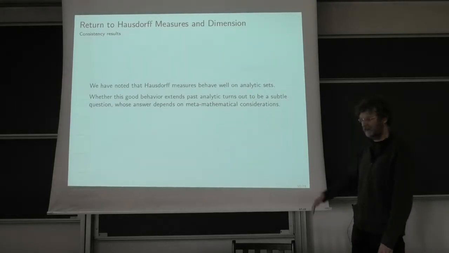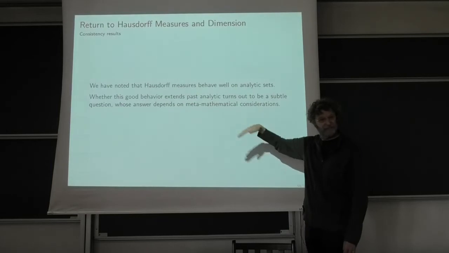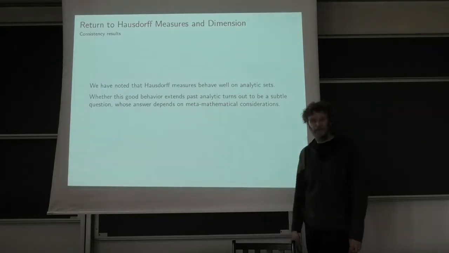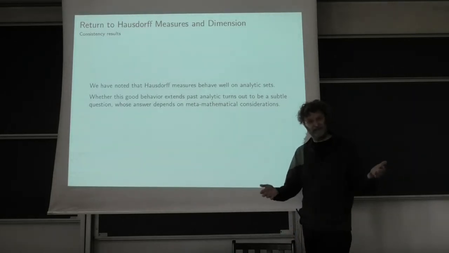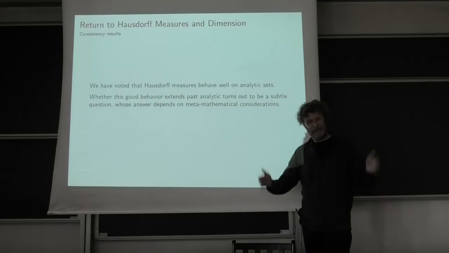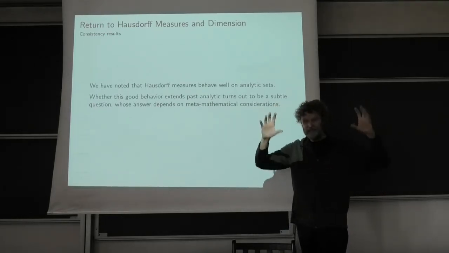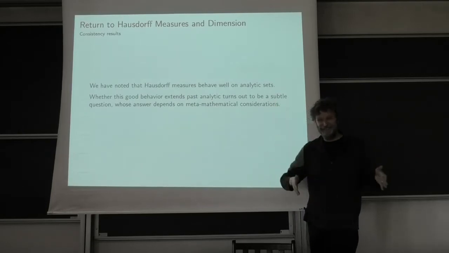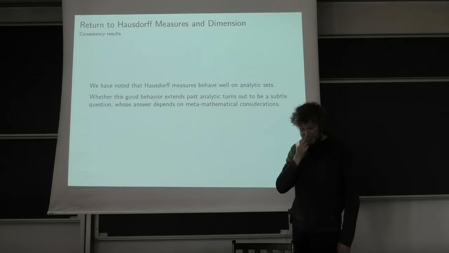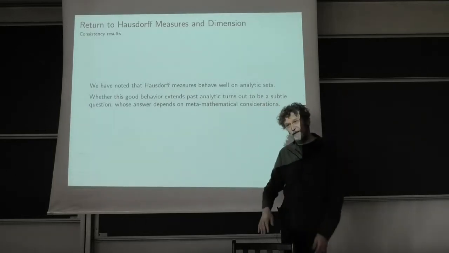And a lot of the good behavior was proven for analytic sets, and that's where the proof methodology broke down. With analytic sets, you have a presentation: they are a projection of a closed set. A closed set is a very concrete object, and the projection function is a very concrete thing, and you can get a handle on how those sets work using the representation as a projection of a closed set.